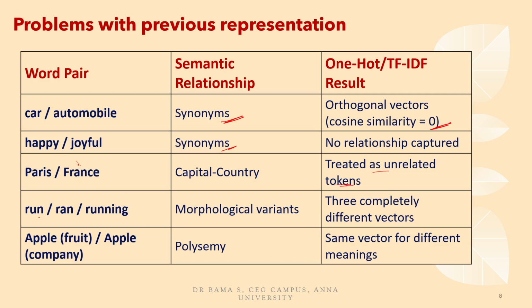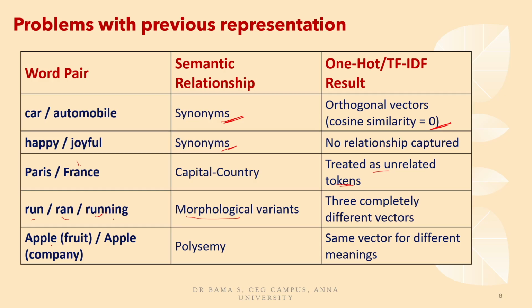And suppose we saw in a document these three words: run, ran and running. These are morphological variants of run, and we understand that. But when we convert them into one hot encoding or other types, they are considered three separate vectors, not a single vector or related to each other.